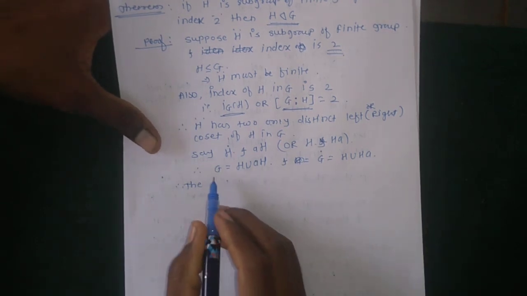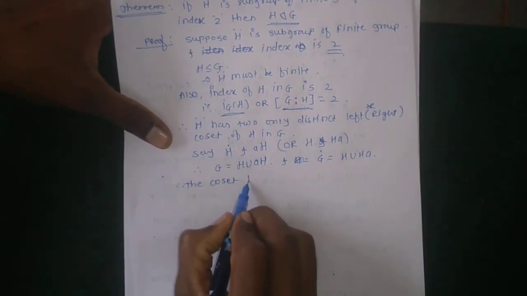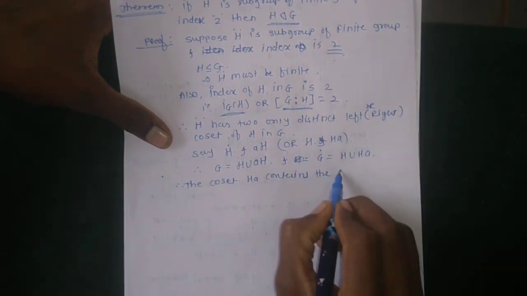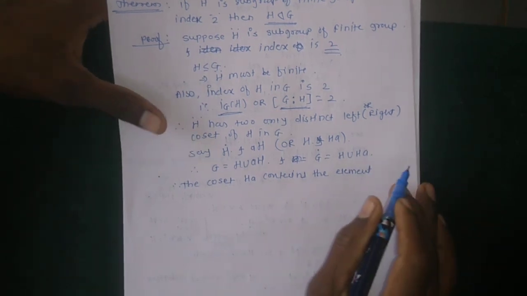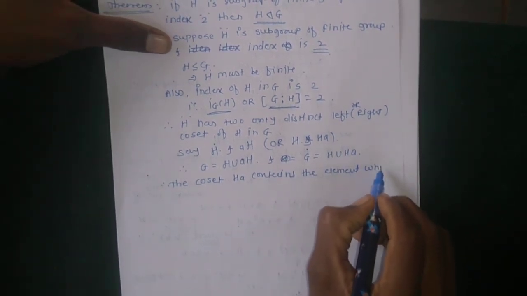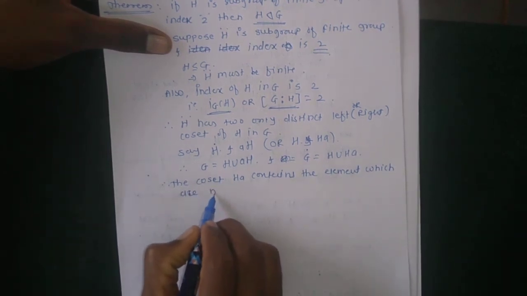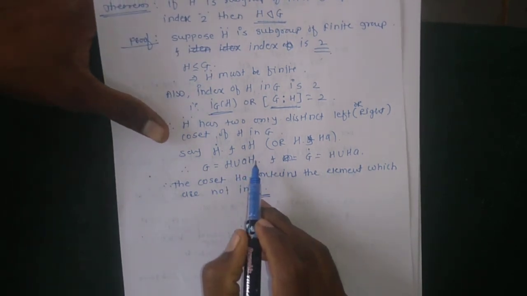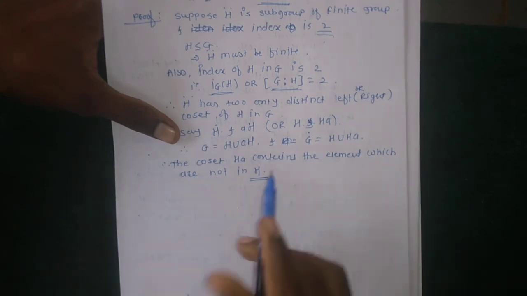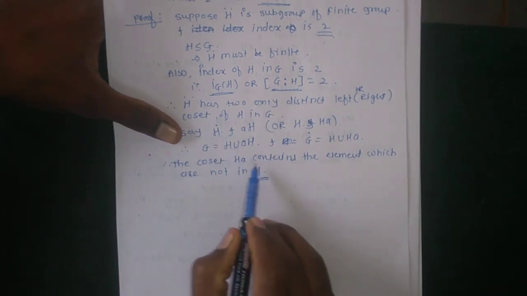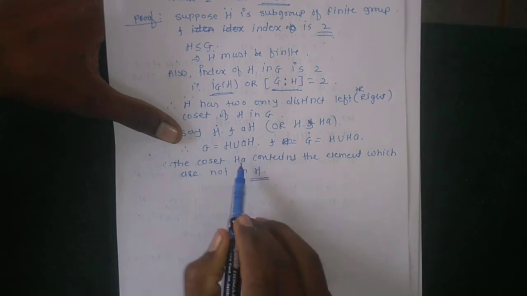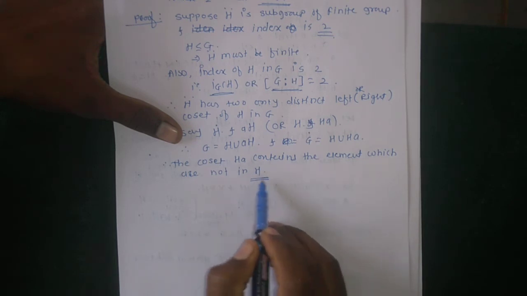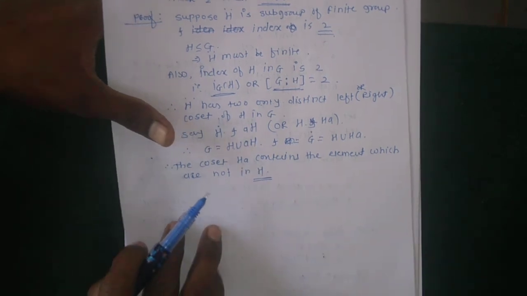So the coset Ha contains the elements which are not in H. Because H and aH are two distinct cosets, Ha contains elements which do not belong to H, and elements of H which do not belong to Ha.